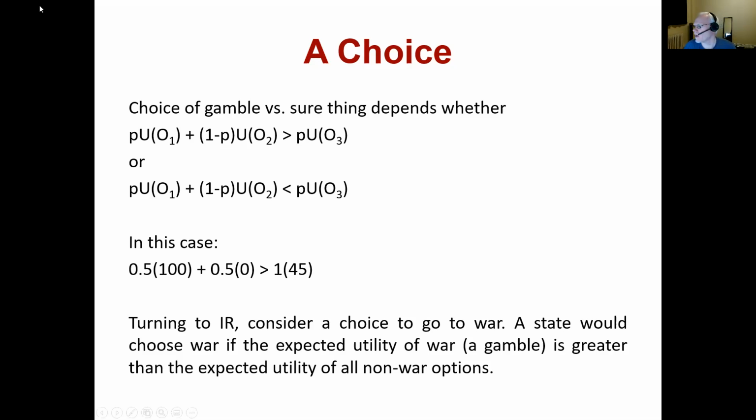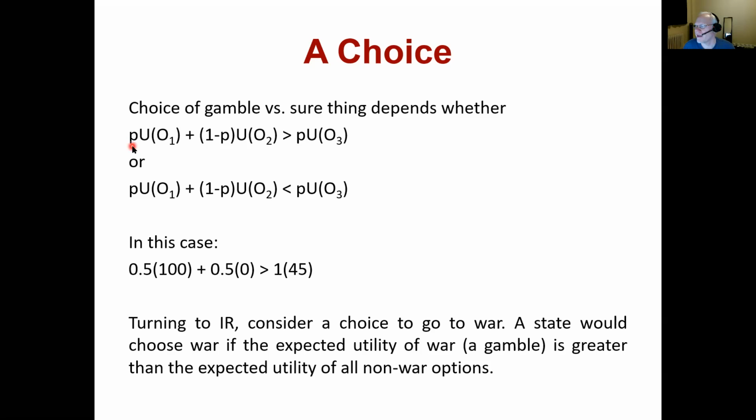outcome, and hang on, I'm just going to turn on the highlighter here for annotating. All right, so this here is representing, and we'll unpack it in a second, the gamble, and this is representing the sure thing, right?